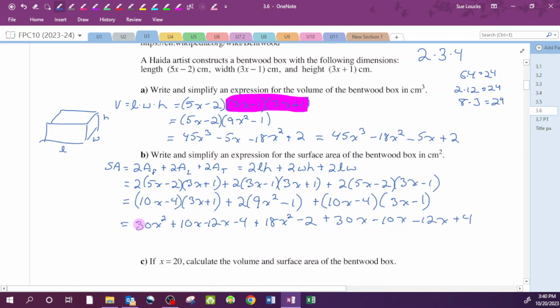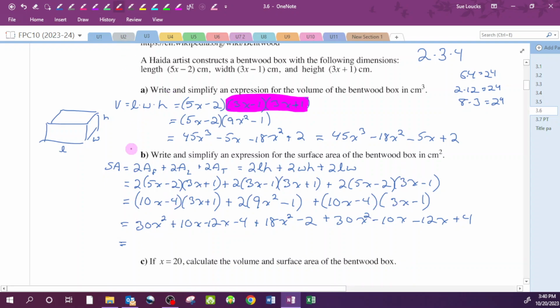Notice that I didn't bother grouping any of those things as I went along because it is all added. I don't have to worry about that, and I just need all of the things together so I can combine my like terms now. So I have, oh wait, this was x squared, sorry.